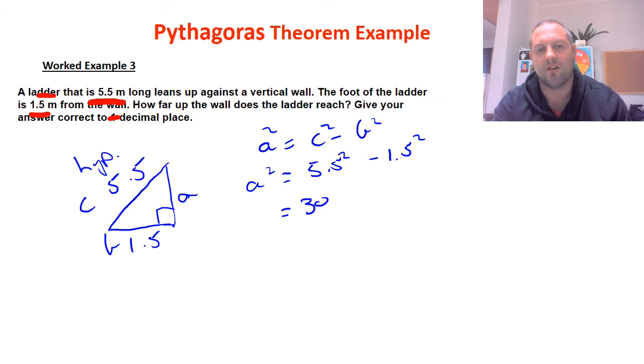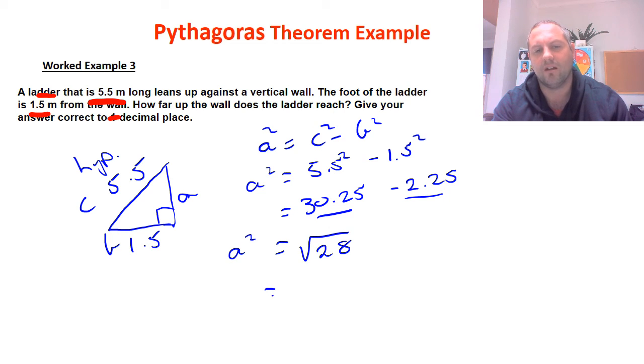Bring it out, so 30.25, take away 2.25. I know that because the calculator will tell you that. When it takes it away, you get 28. So a squared equals 28. We're going to square root that, and when we square root that, you get 5.3, and that's your answer. So remember the square root from there as well.